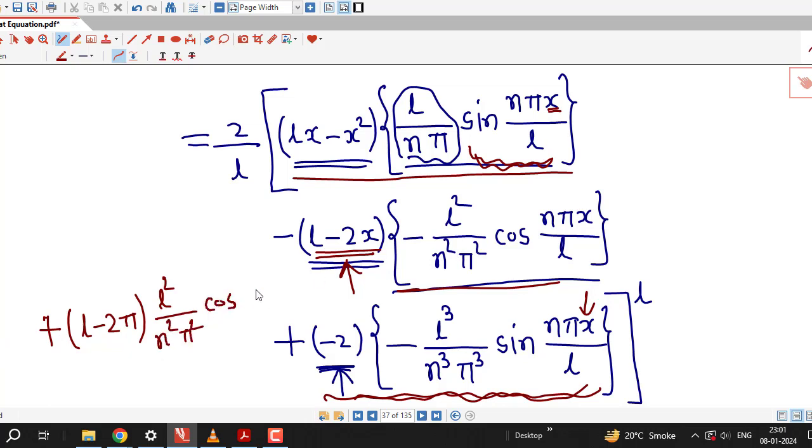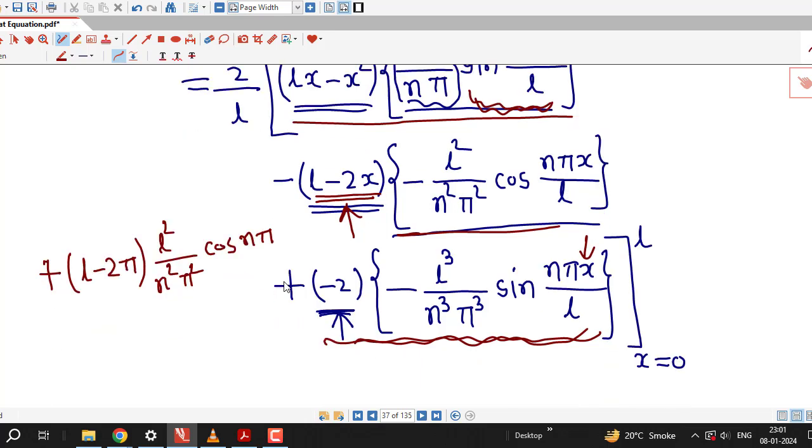And if I take x equal to L here, I will have cosine of n pi. And here I have to write x equal to L. So this is L minus 2L, negative negative positive, L square over n square pi square, and this is cos n pi for x equal to L. L minus 2L is minus L, and there is already L square here.